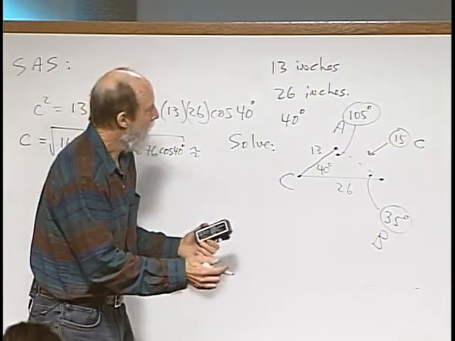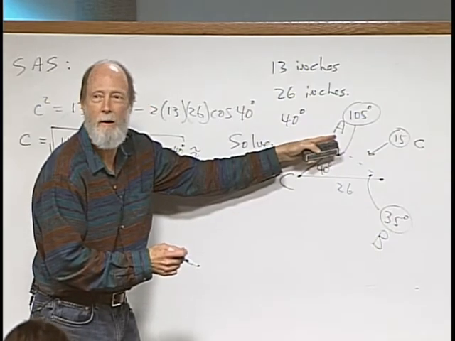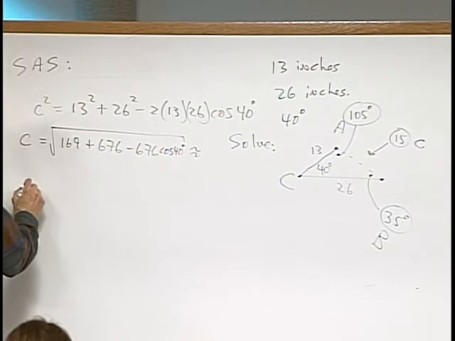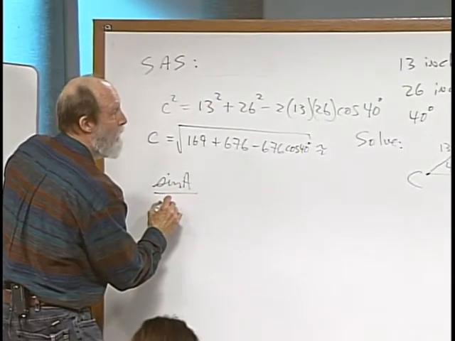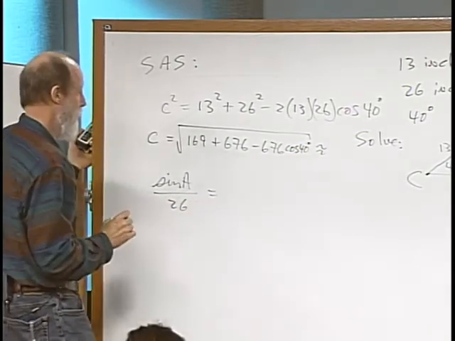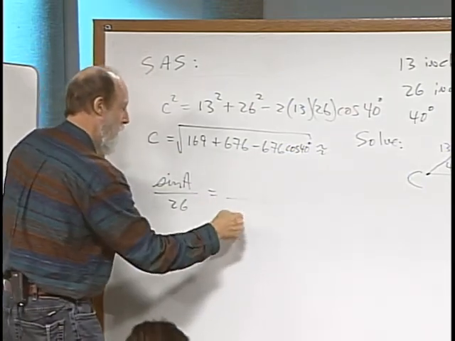So, let's say I wanted to solve for angle A. My next step could be I could take the sine of angle A divided by its opposite side, which we can see is 26, and that's going to be equal to a ratio that I know both parts of.